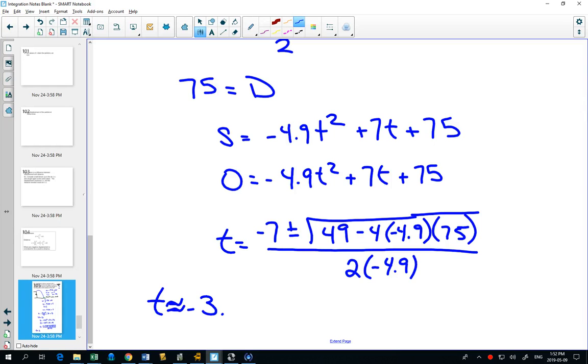Those approximation signs. I'm going to round it to two decimal places. Negative 3.26, or t is 4.69.